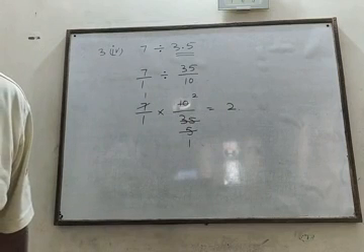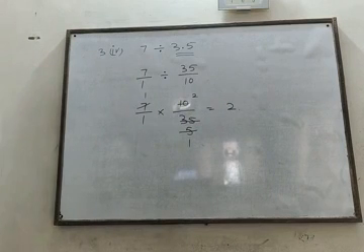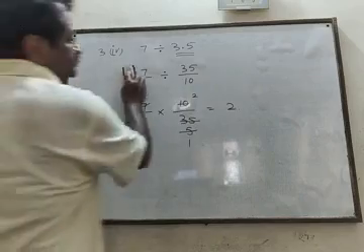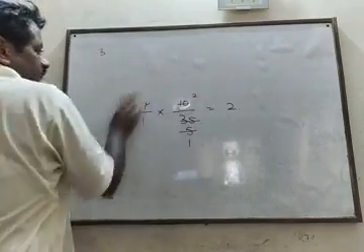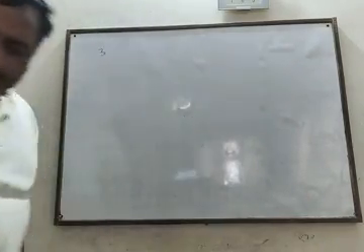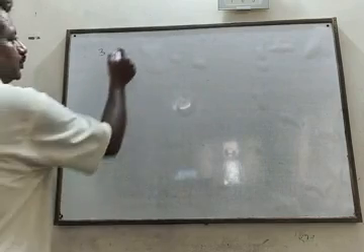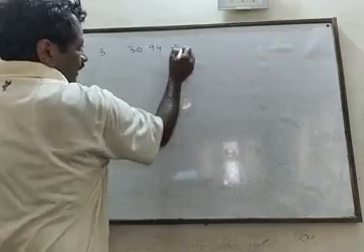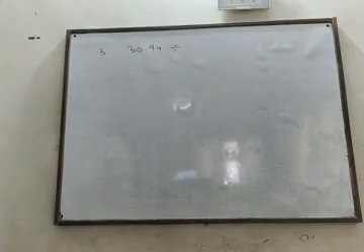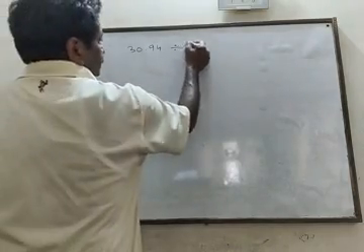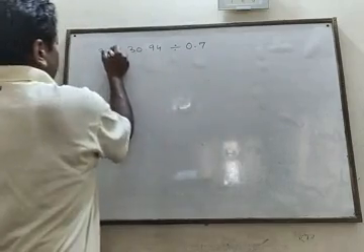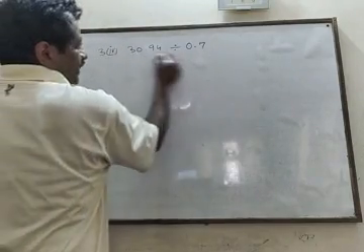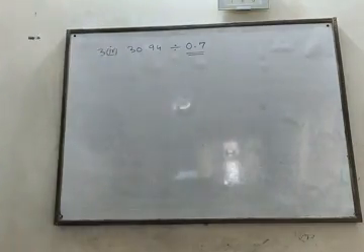Now I am doing fourth part, 30.94 divided by 0.7. Again, here divisor contain decimal.